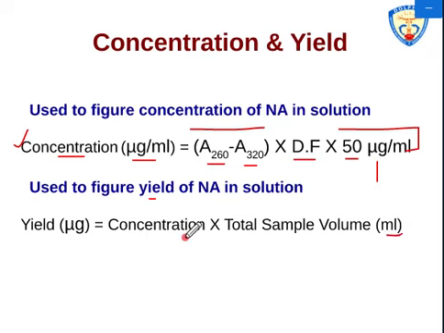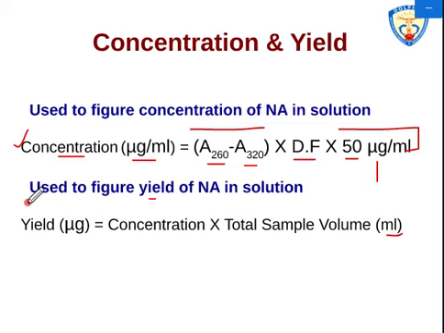So concentration in micrograms per ml multiplied by the total sample volume in ml gives us a yield in micrograms. So we can use this property of absorption to find out the concentration and the yield of nucleic acid in solution.